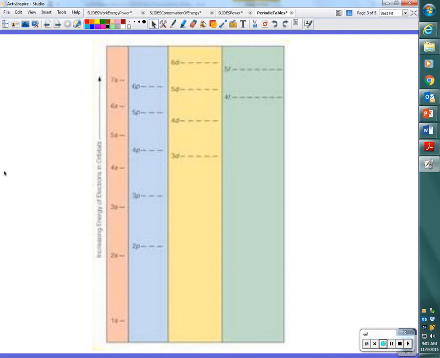You guys can work together on this, by the way. Sorry, I actually intended for you to discuss this with each other. So, write for me the electron configurations of lithium, sodium, and potassium. And if you're looking up here on the board, I will bring the chart back in just a second.